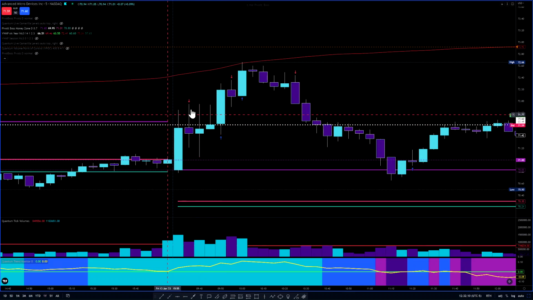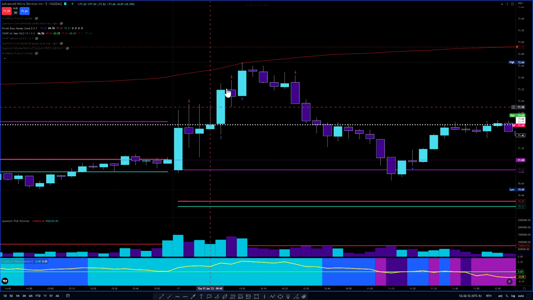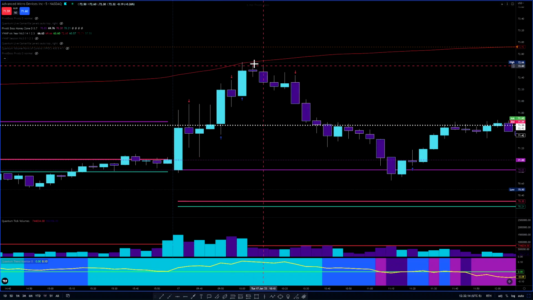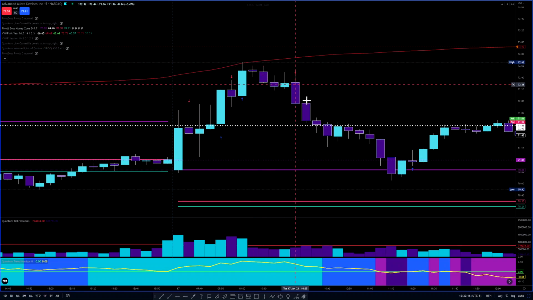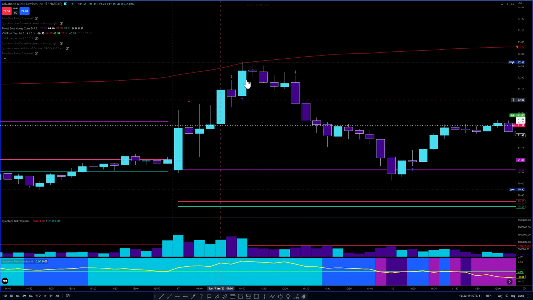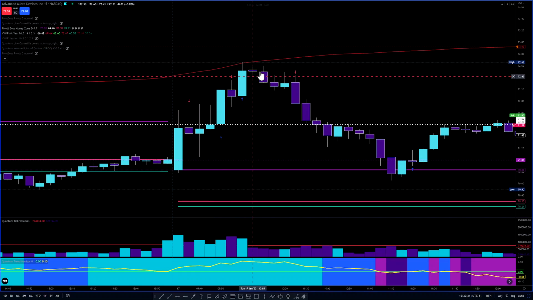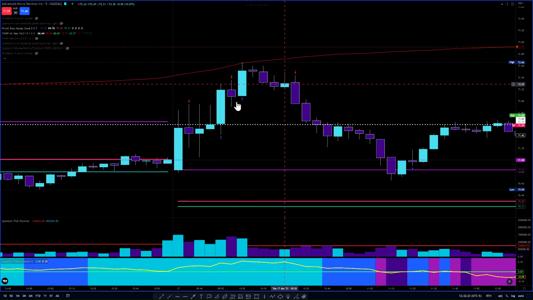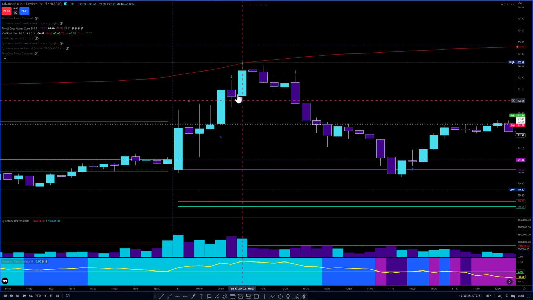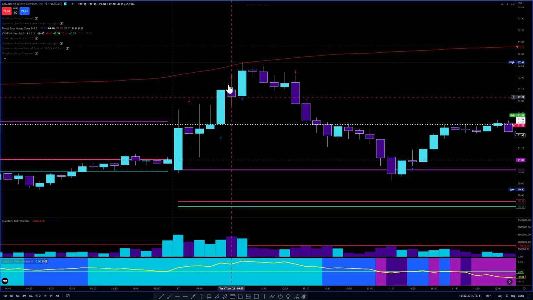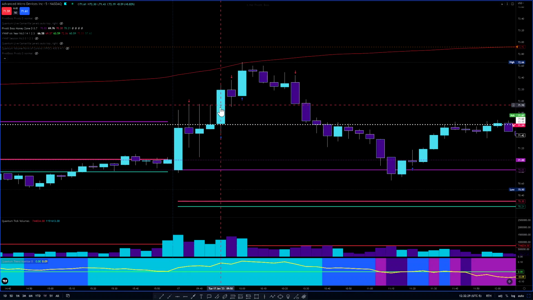So even though I was thinking it's still weak, the weakness developed later on, you know, when I got the trade here. So I should probably have waited for more patterns like this instead of going off of this one candle right here after a strong candle, you know.